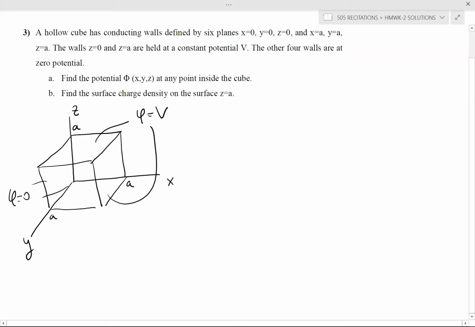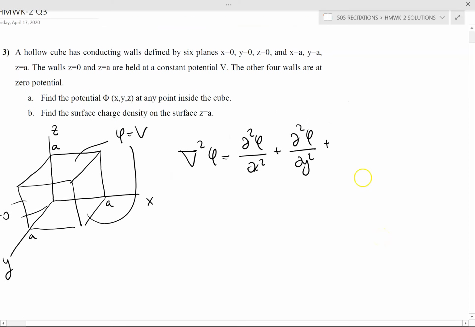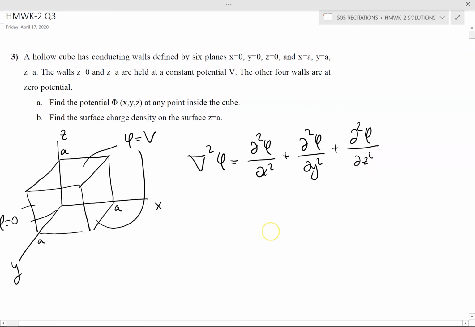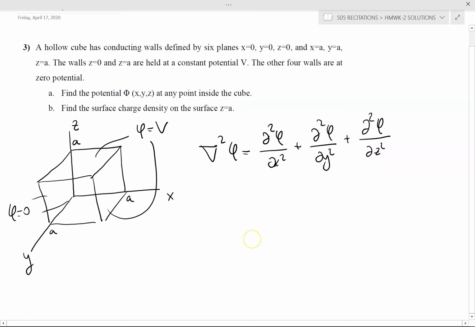Okay, nice. We will solve the following Laplace equation in rectangular coordinates. It can be expressed in this form, and hopefully the separation of variables method gives us acceptable solutions for this type of boundary condition.